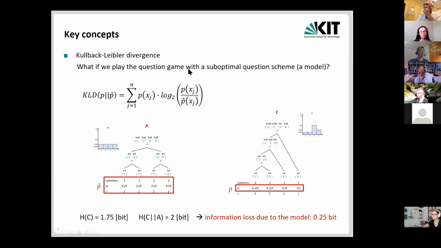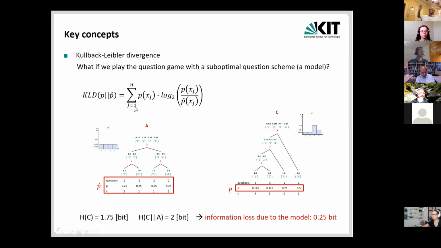If we play this questioning game with a suboptimal questioning tree, and this is what we could call a model, because it's not derived from the data, then we will pay with additional questions compared to the optimal questioning scheme. This number of additional questions can be measured by Kullback-Leibler divergence.